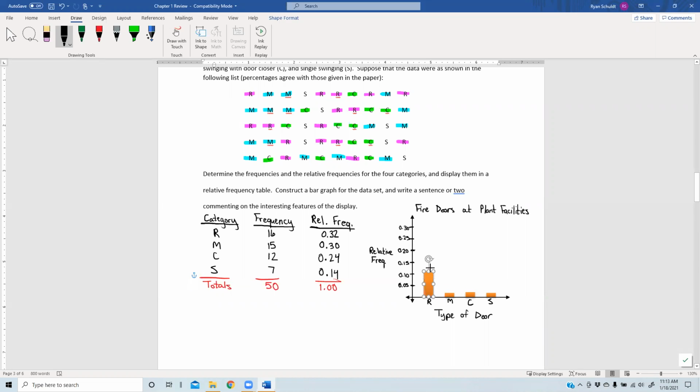So R is 0.32. So we're going to need it to be about right there. M is 0.3 exactly. So about right there. C is 0.24.